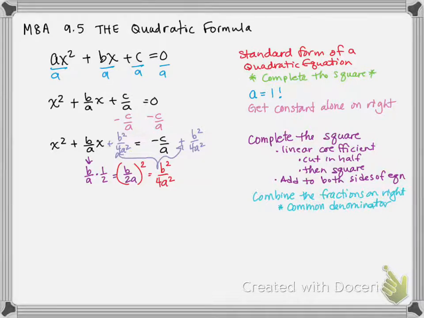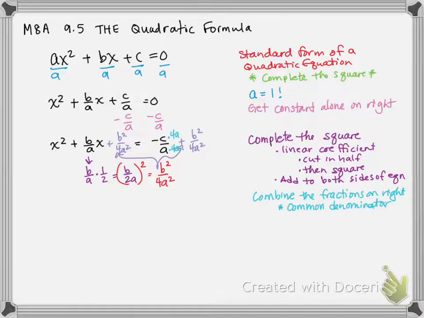So let's see. In order to do this, my negative c over a needs to have a denominator of 4a squared. So it's missing a 4 and an a.